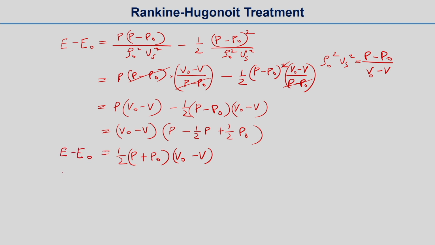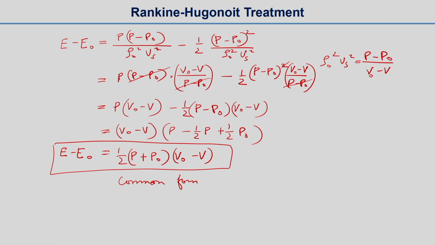That is E minus E naught. This is the more common form of the energy equation.